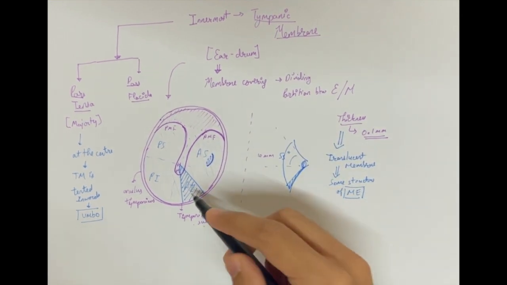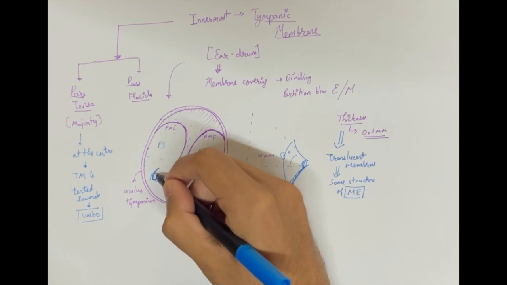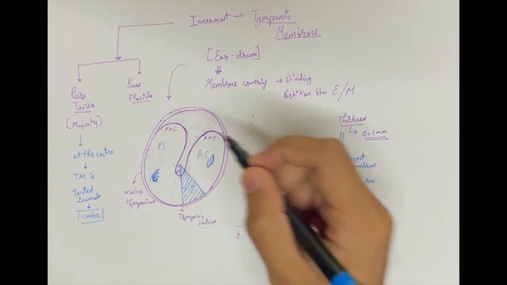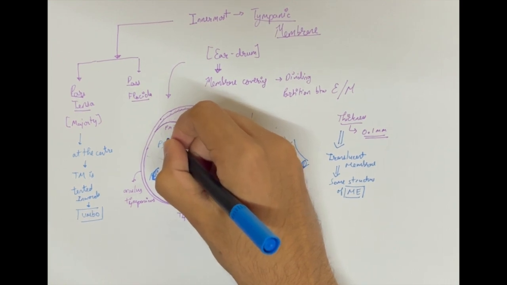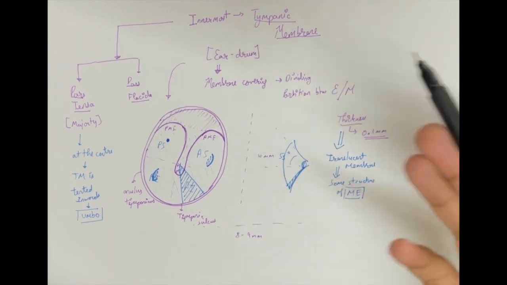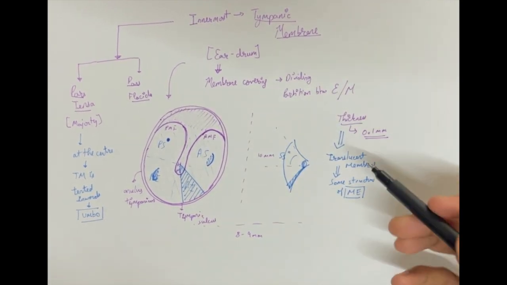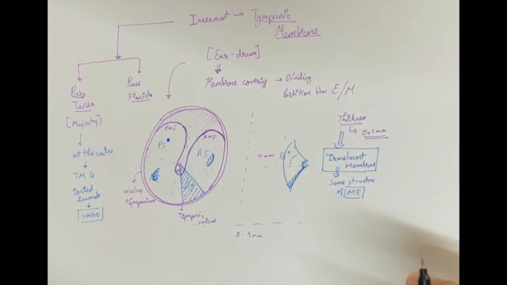At the posterior inferior aspect, we will see the shadow of the round window. And in the posterior superior aspect, we can see the incudostapedial joint. Again, we'll only see the shadow because it's translucent. Had it been transparent, we could have seen through it. But since it's translucent, we'll only see the shadow or faint margins of them.